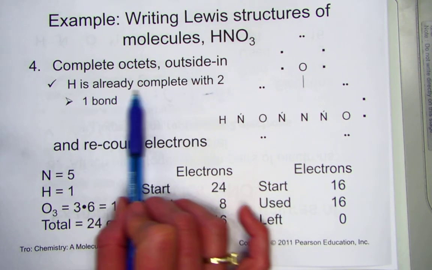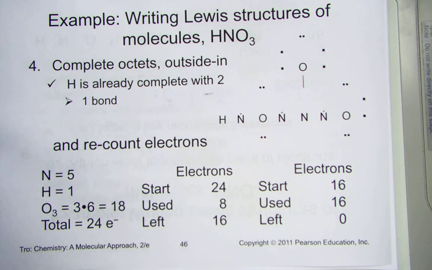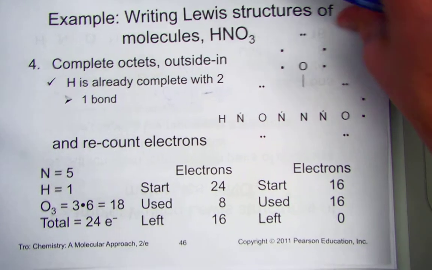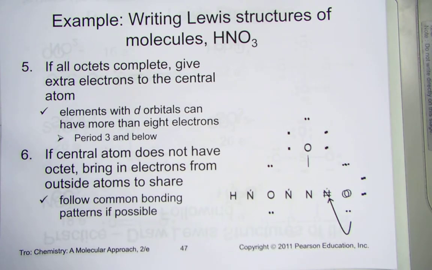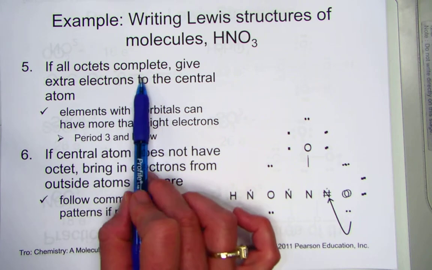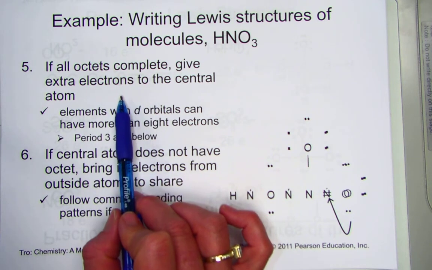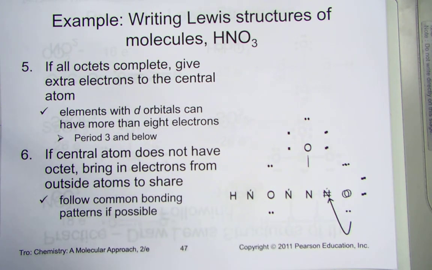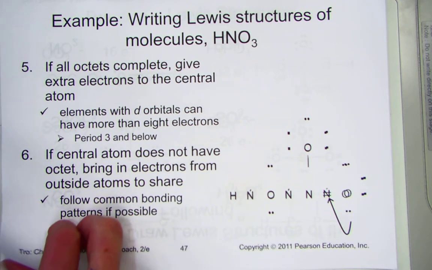Hydrogen is already complete with 2, and they started to fill holes. Looking at that final structure that they're walking us through, they start to create double bonds. If all octets are complete, give the extra electrons to the central atom, and what you'll be doing is then expanding its octet. But if the central atom does not have an octet, bring in electrons from outside atoms to share, and just start thinking about the common patterns.